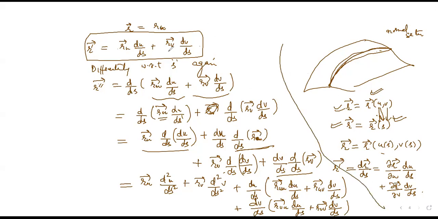तो चेन रूल होता है ये फॉर अ फंक्शन ऑफ मोर देन वन वेरिएबल्स. नाउ वी जस्ट हैव टू डू सम मॉप अप. सो पहला तुम्हें मिला, it would be simply r double dash, it should be r sub u into d square u by ds square. Then I should have plus r sub v into d square v by ds square.